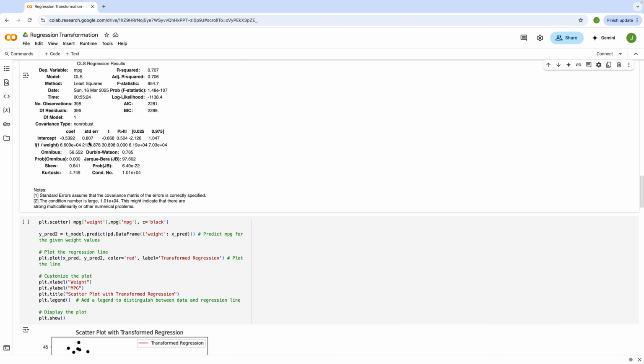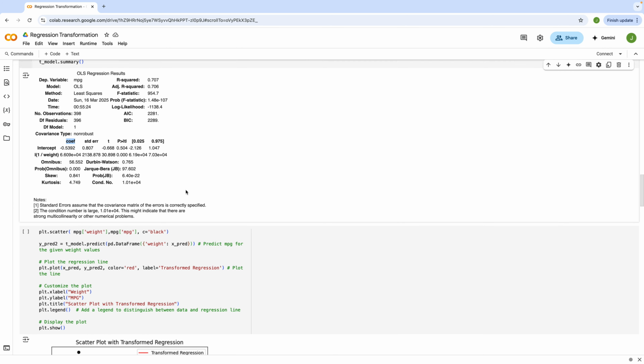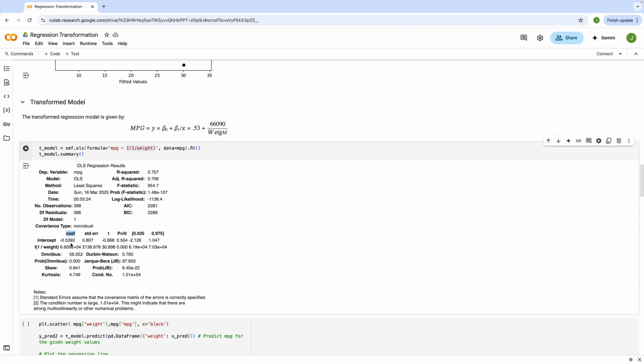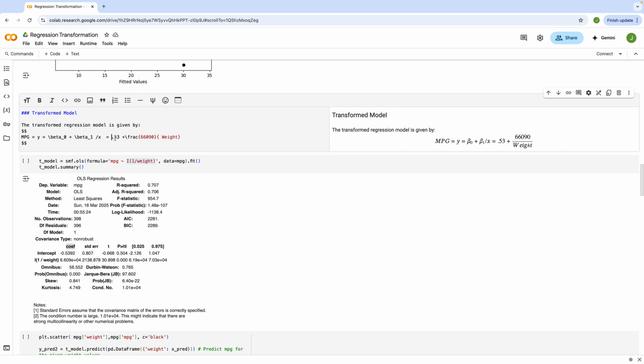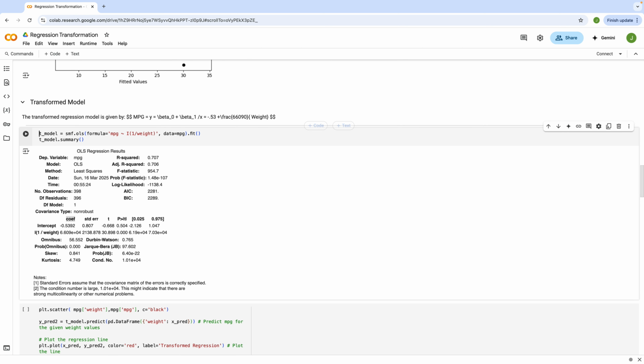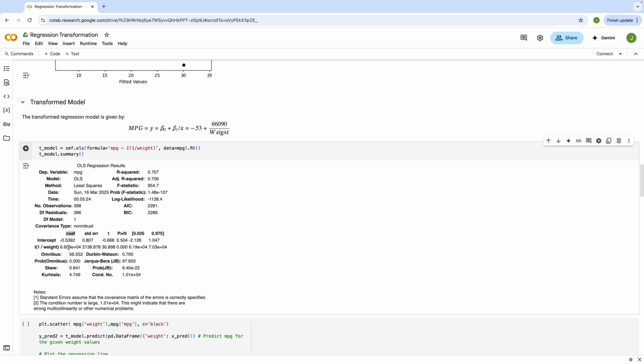And we get the estimates for the coefficients. So we see that the intercept is minus 0.5, so I missed that there. That's a minus sign. And that the coefficient for 1 over weight is 6.609 times 10 to the fourth.